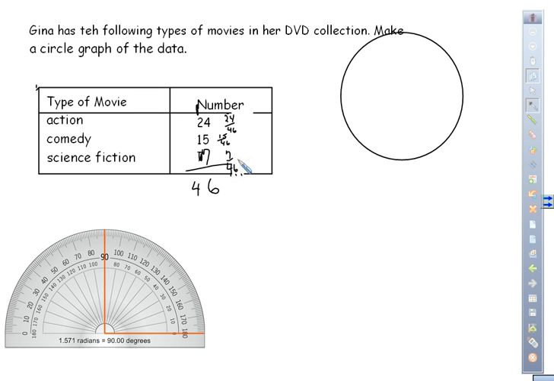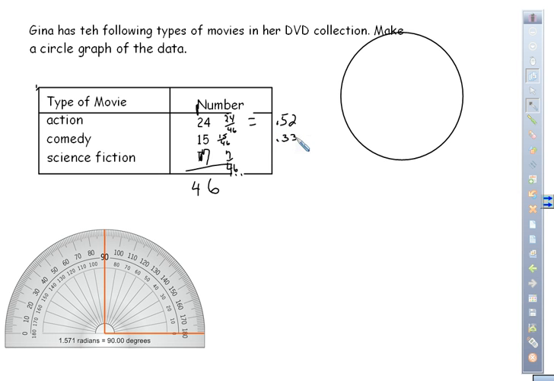Now we need to write that as a decimal or the percentage, which since we're writing as a decimal anyhow, we'll just leave it that way. So 24 divided by 46 is going to give me 0.52. You're going to round it to the nearest hundredths. So 0.52, that's 52%. Then we have 15 divided by 46, and that's going to give me 33%, so 0.33.